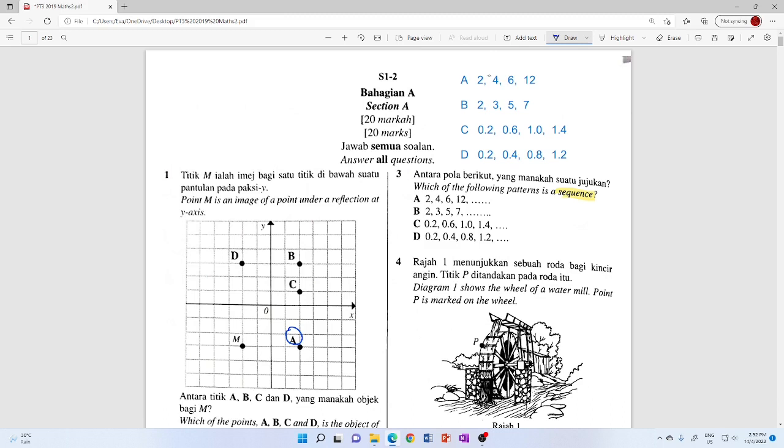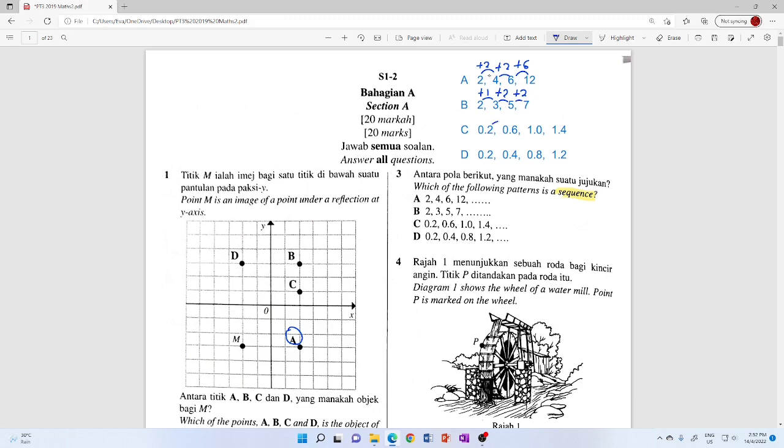For A, 2 to 4 pattern is plus 2, and 4 to 6 plus 2, 6 to 12 is plus 6. For B, 2 to 3 is plus 1, 3 to 5 plus 2, and 5 to 7 plus 2.